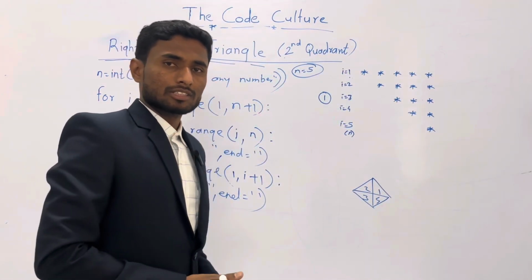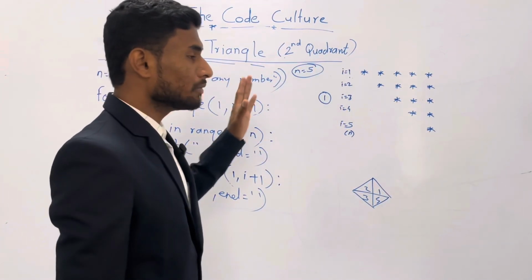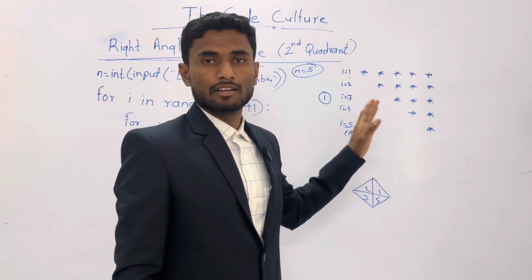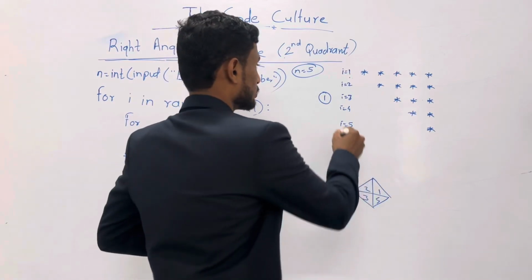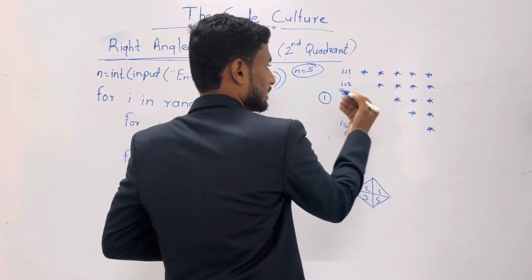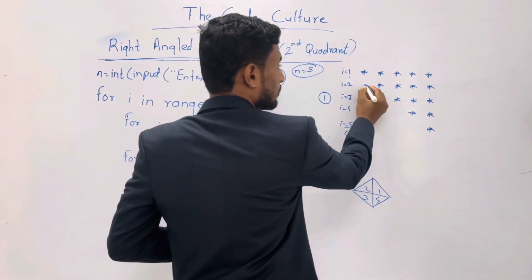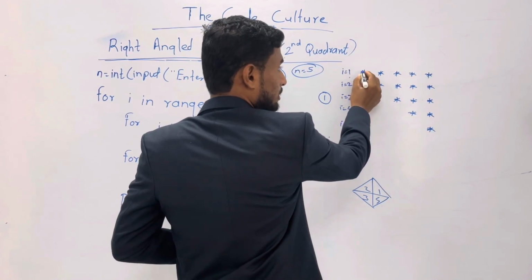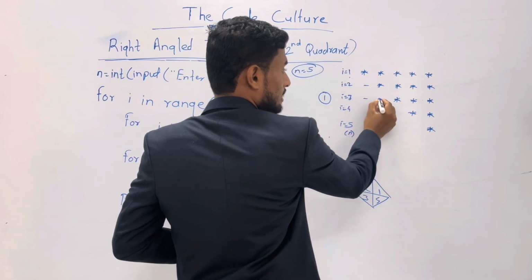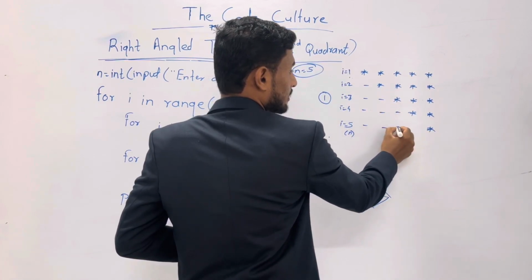Similar to the previous program, how many loops are required for this pattern? You know that the first for loop is always for the number of rows. In the second for loop, what I want to print is star or space. Here, assume that there are 0 spaces, here 1 space, here 2 spaces, here 3 spaces, and here 4 spaces.